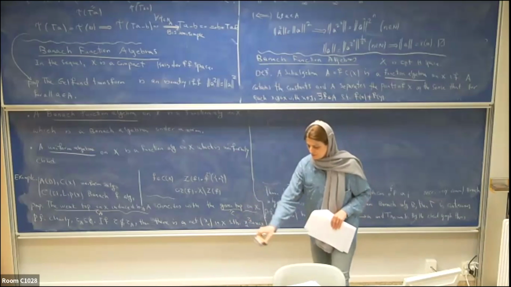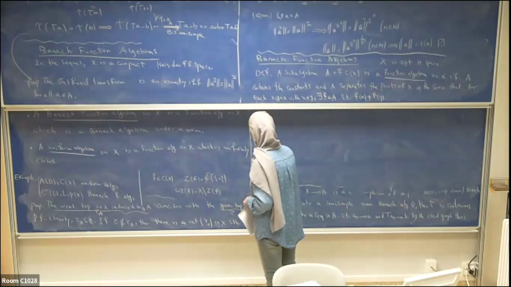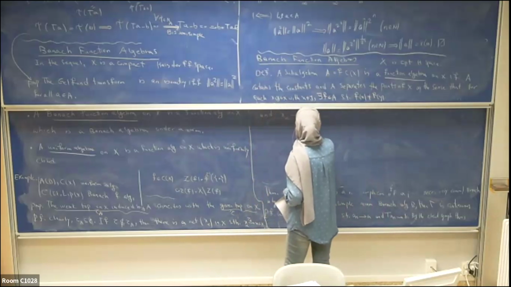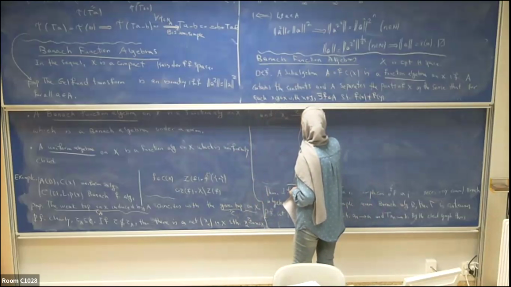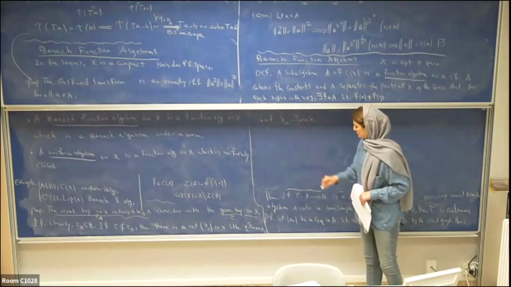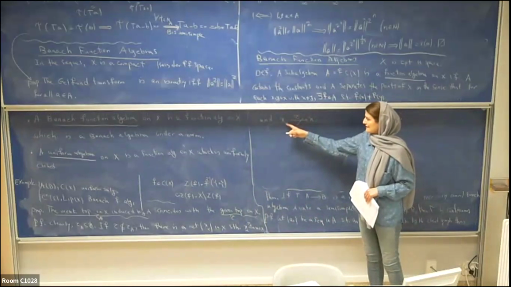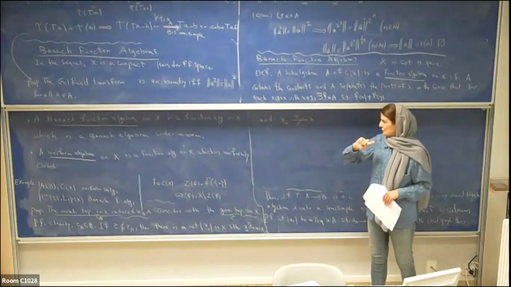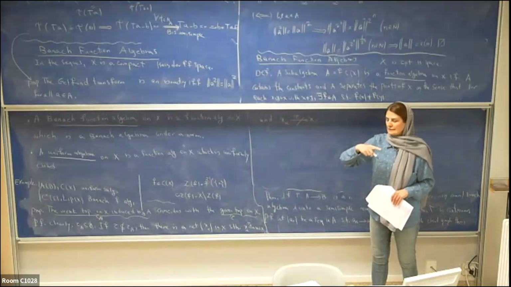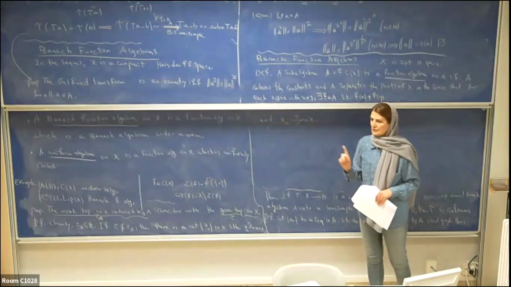So since x_alpha doesn't go to x in tau topology, there exists a subnet x_alpha_i that doesn't go to x.